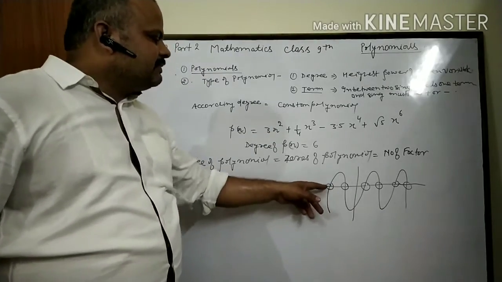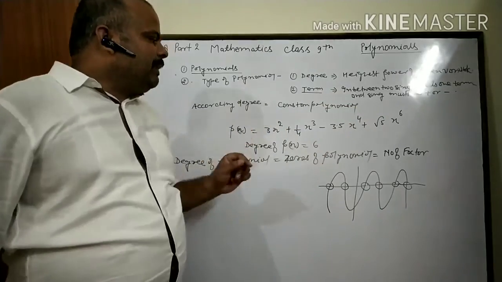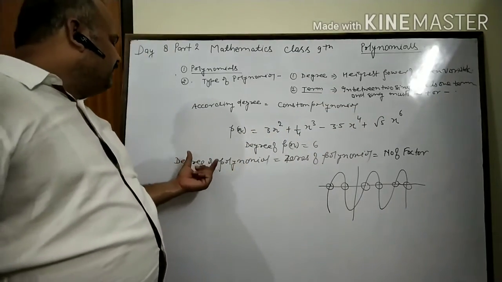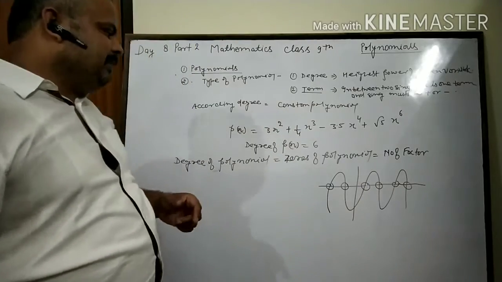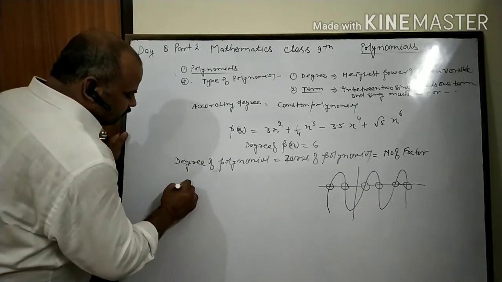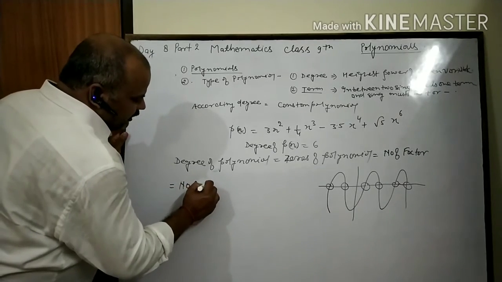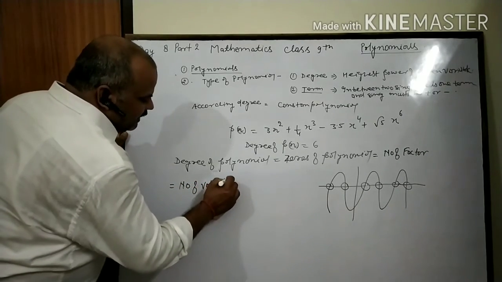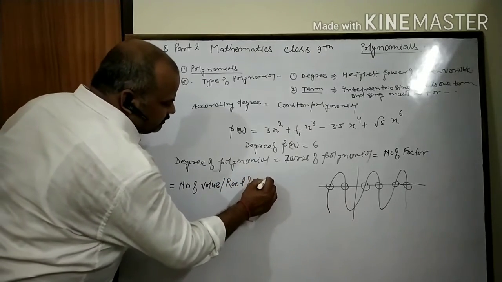Then this polynomial intersects the x-axis at 6 points. Clear? Then with the help of degree we can signify how many zeros of the polynomial, how many factors of the polynomial, and the number of values, or you say roots of given variable.